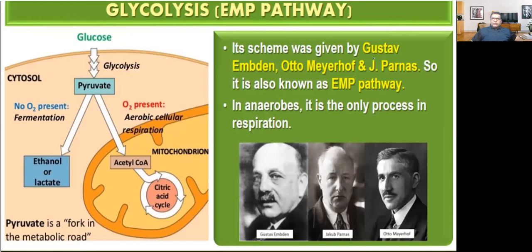Its scheme was given by Embden, Meyerhof, and Parnas, so it is also known as the EMP pathway. What is the other name of glycolysis? EMP pathway. Here E stands for Embden, M stands for Meyerhof, and P stands for Parnas.